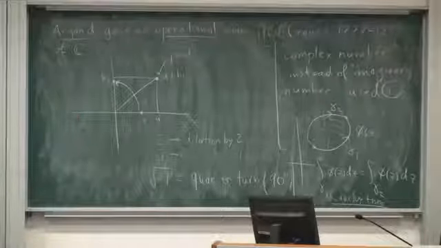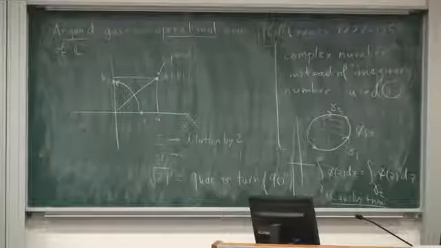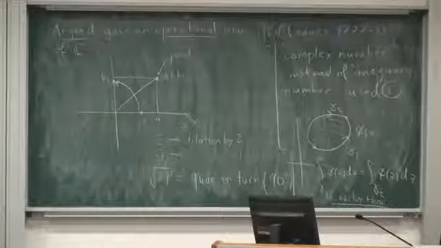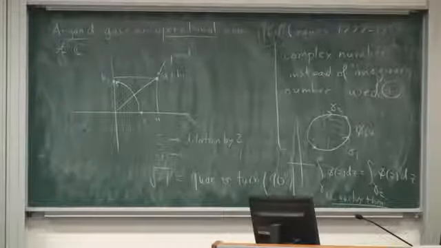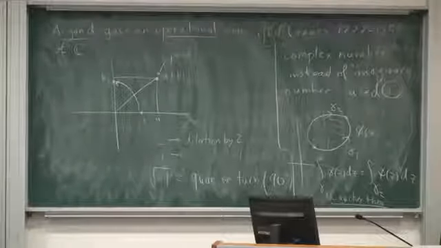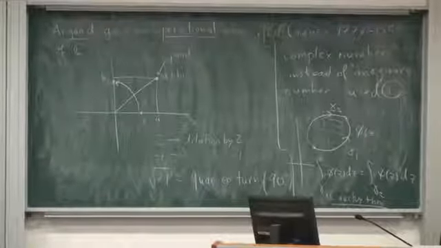Okay, so now we can go back, having this bit of geometrical framework, to the fundamental theorem of algebra and the attempts by D'Alembert and Gauss to prove it. But they proved it in a more general version, the version that's more familiar to students these days.